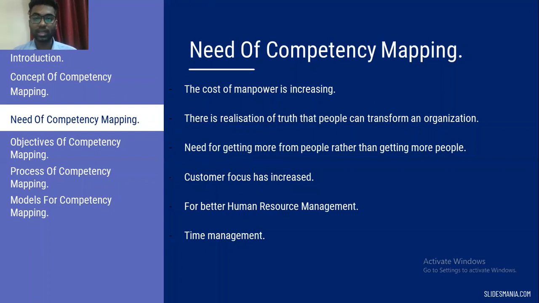If we want to hire many people for their competencies, it is not that important. We can incorporate many skills in one person who has more skill, which is more important.